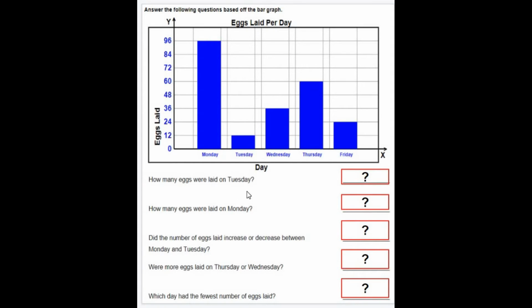Then we have one more activity, how to read this graph as well. That will be a bar graph. Eggs laid per day. This is the title of this bar graph, and there is no key, we just have to read this. How many eggs were laid on Tuesday? Monday, Tuesday. Tuesday says 12. I just double click, move that, and type 12, and I keep reading.